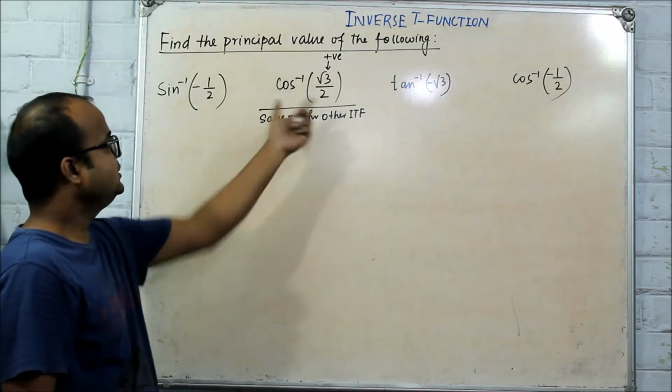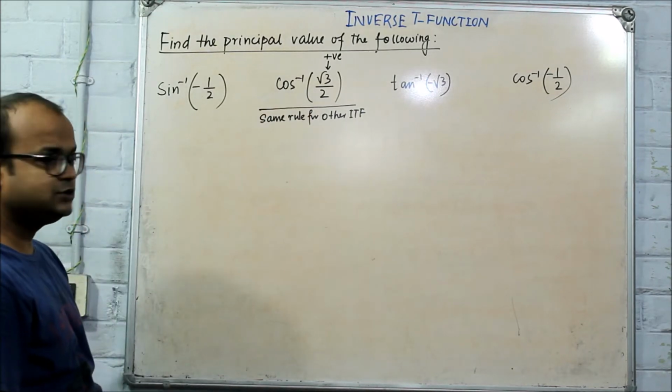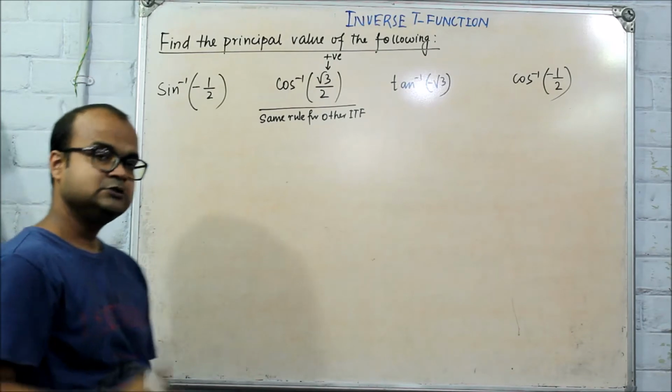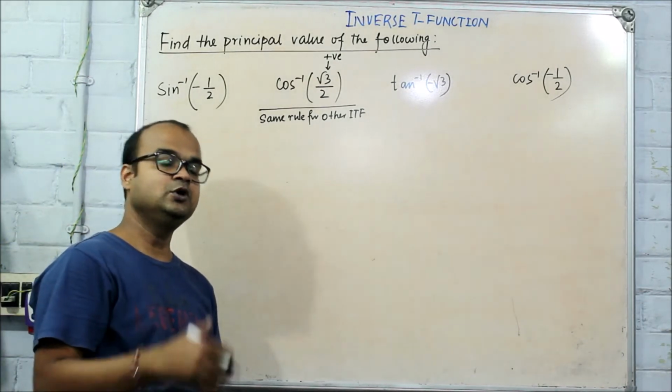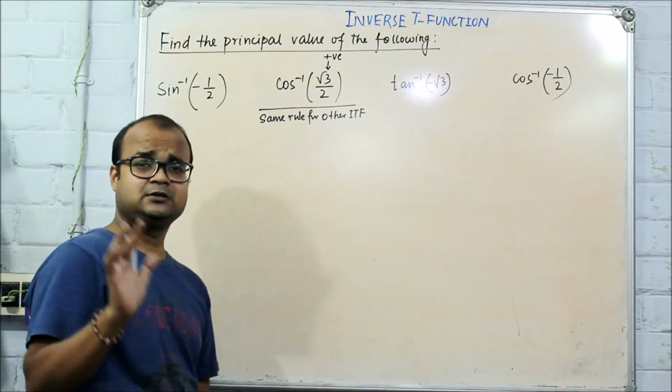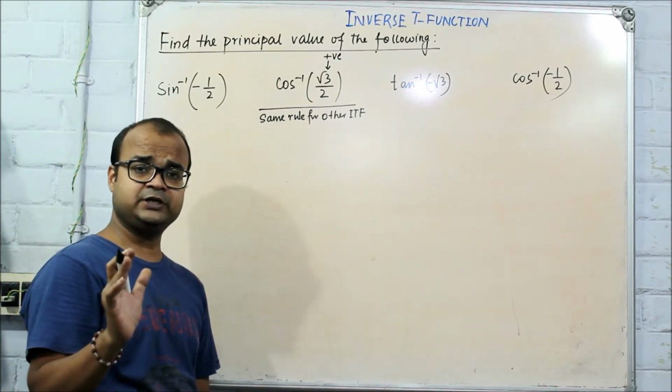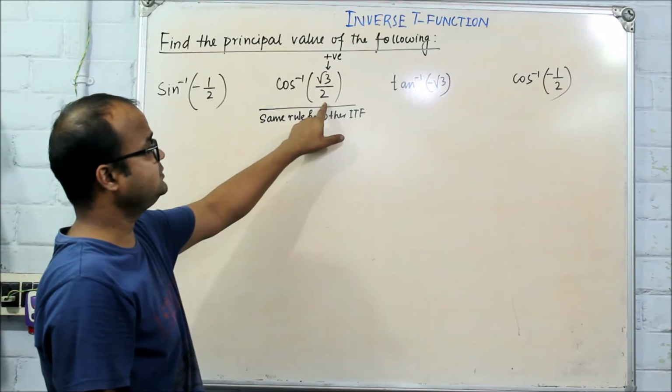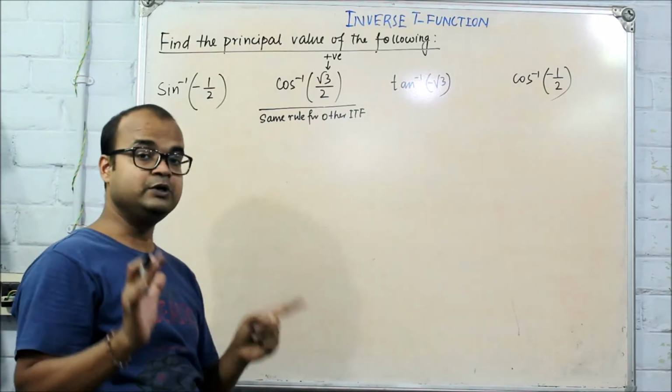Whether it is cos inverse of root 3 by 2 or sine inverse of root 3 by 2 or tan inverse of root 3 by 3, any inverse trigonometric function, we look at this part. The rule will be the same.